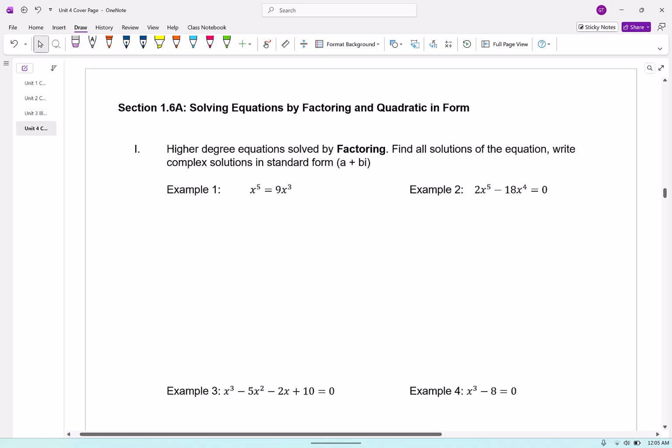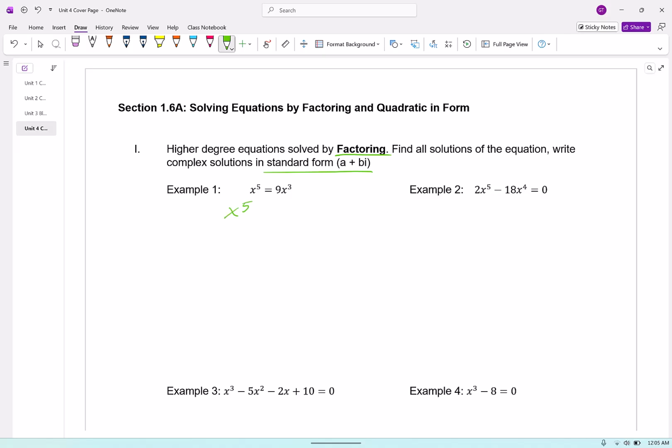All right, so let's look a little bit more closely at solving by factoring. A little reminder of some things that we have done. So again, we are doing it by factoring, and we're still trying to put it in standard form, so we have to make sure that we first set things equal to 0.